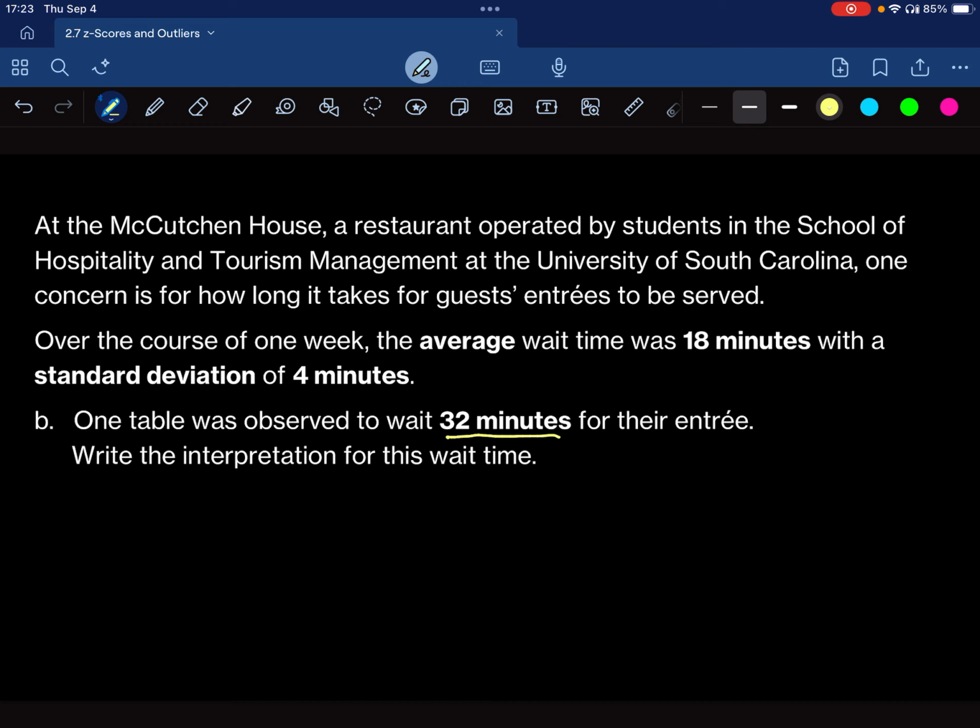So the question here says write the interpretation for this wait time. So the first thing I'm going to do is write some context.